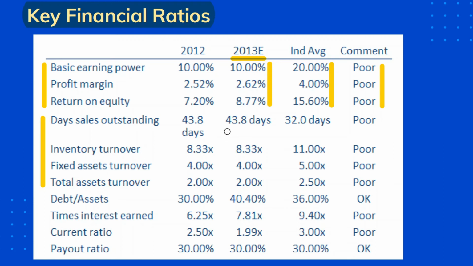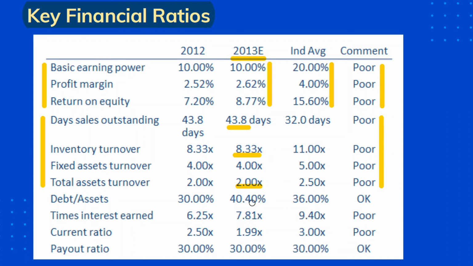How many days does the firm take to collect the money from the customers? How many times in 1 year does the firm turn over the inventory? And also, with $1 invested in the assets, how much sales is generated? And again, all of these numbers don't look too good.